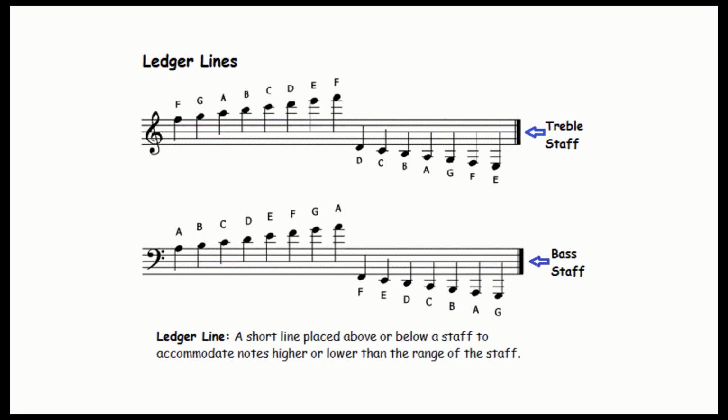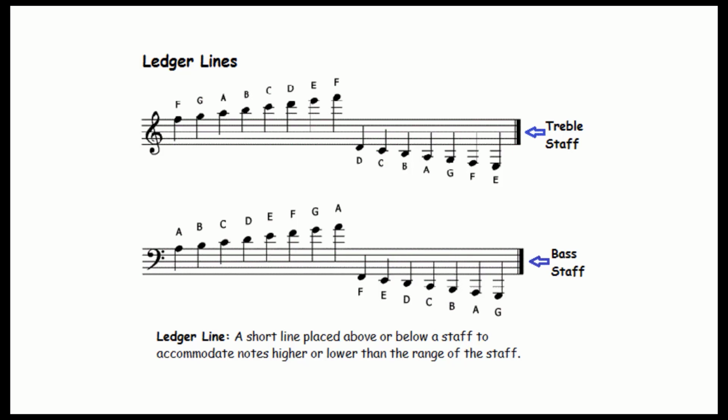Ledger lines. Ledger line notes. A ledger line is used to notate pitches above or below the lines and spaces of the musical staff.